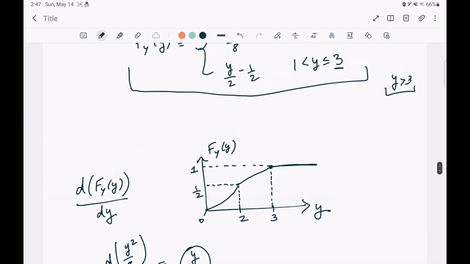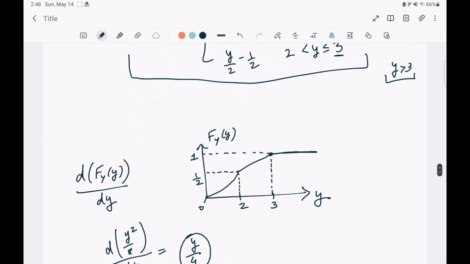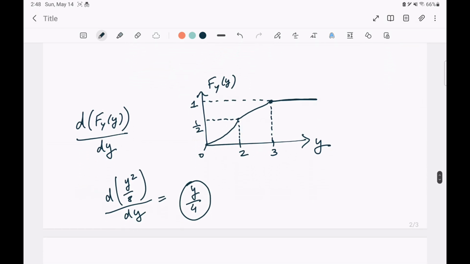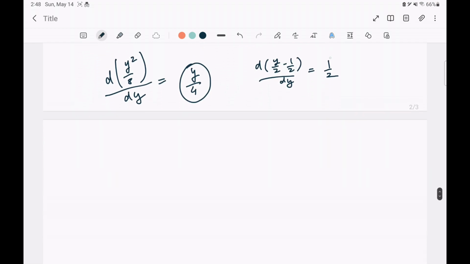And for the range where y lies between 2 to 3, it is y by 2 minus half, and if I differentiate it, I will get the value half. So I can say the PDF of y looks something like this.